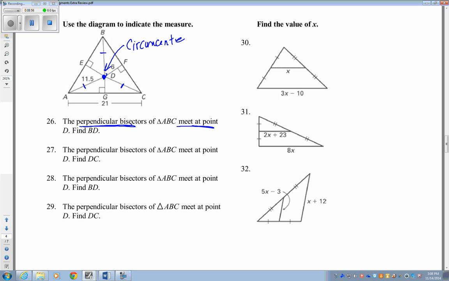All right, so now I want you to answer 26 and 27 right now. There should be no math, no computation, mental awareness based on the property we just marked. AD, yes, is 11.5. All right, 26.